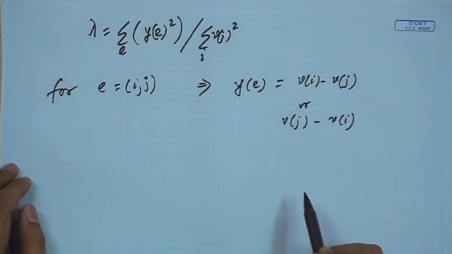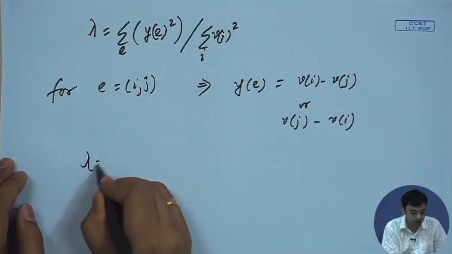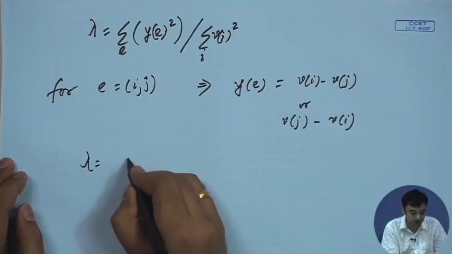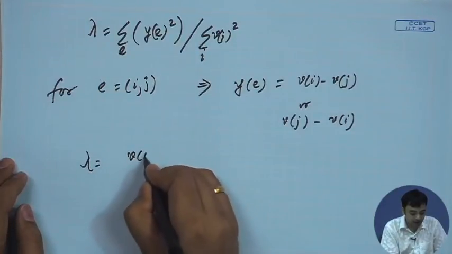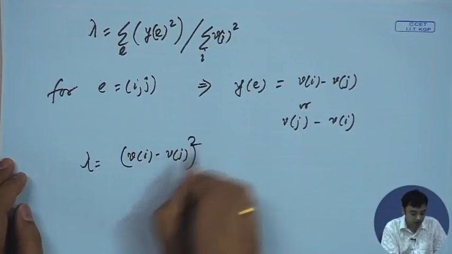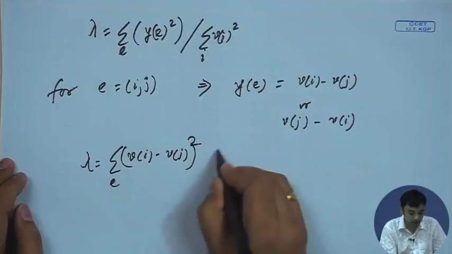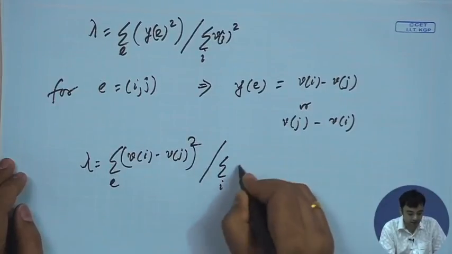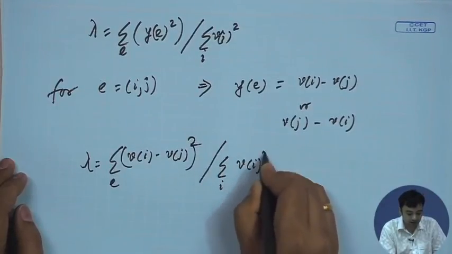You will get this for each individual edge. Therefore, you can write lambda is equal to the sum over E of Vi minus Vj whole square, divided by the sum over i of Vi whole square.